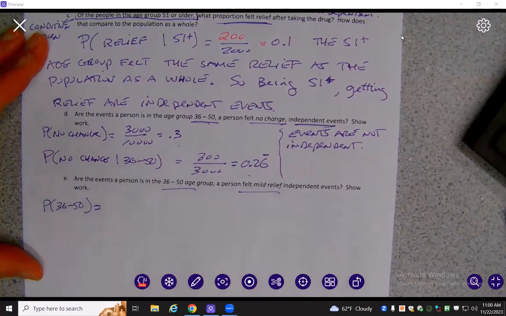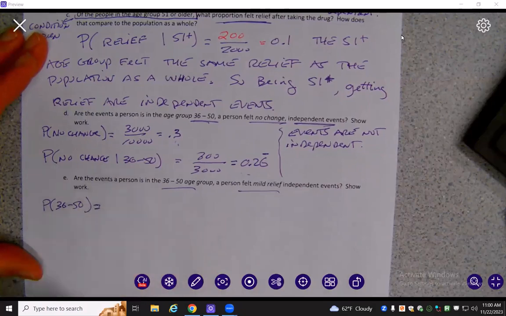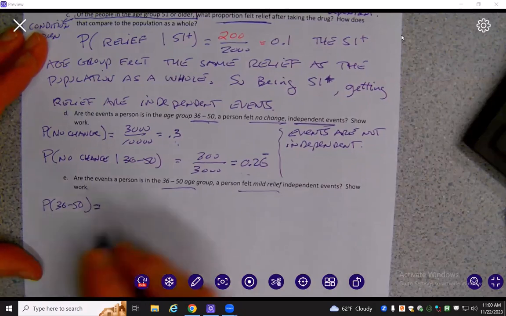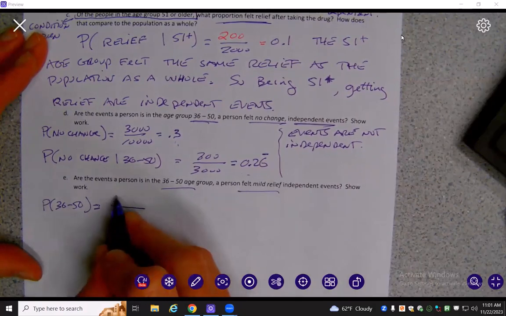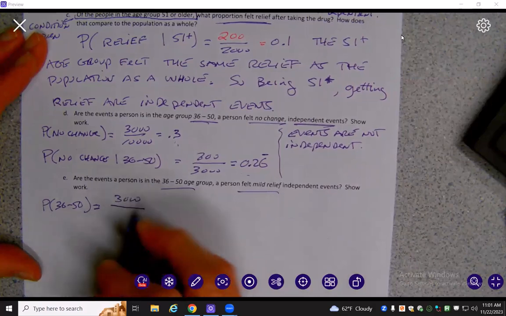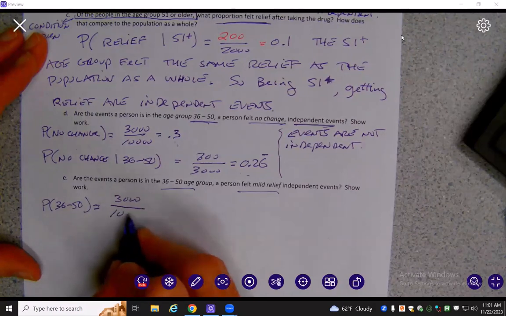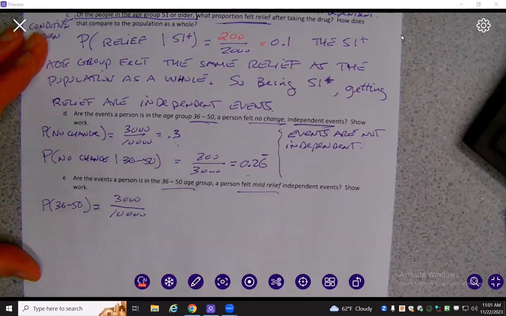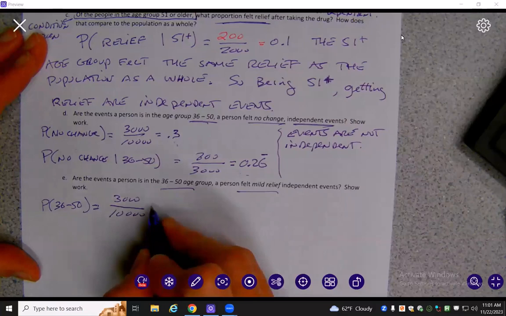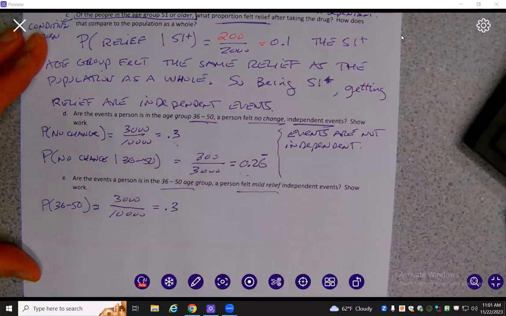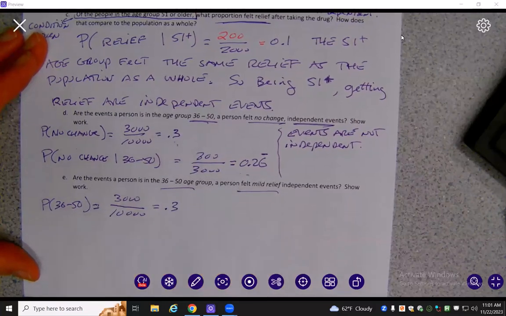What's the chance of being 36 to 50? There's 3,000 people that were 36 to 50 out of 10,000. So again, that's 0.3.